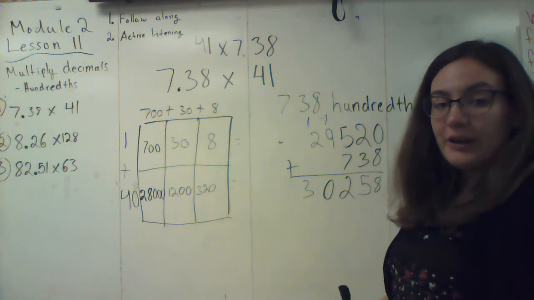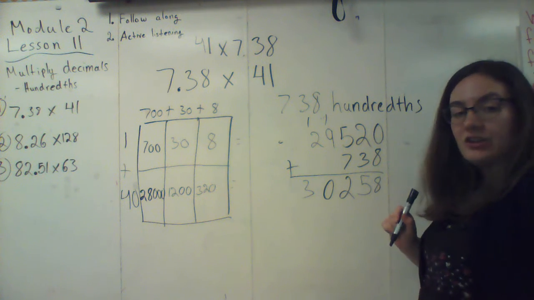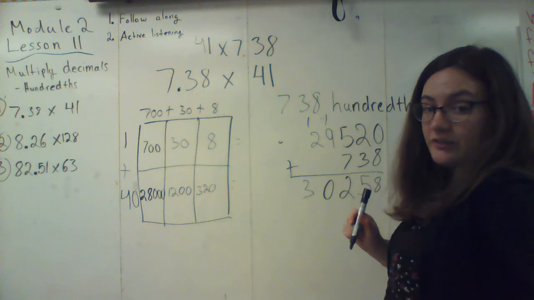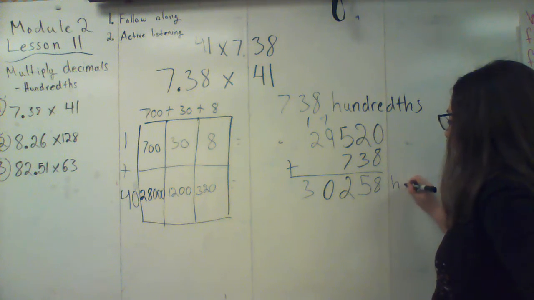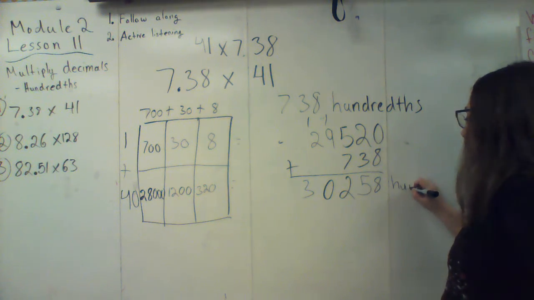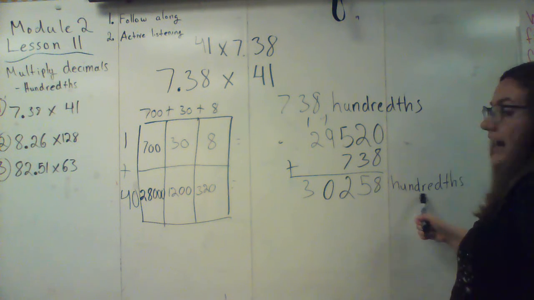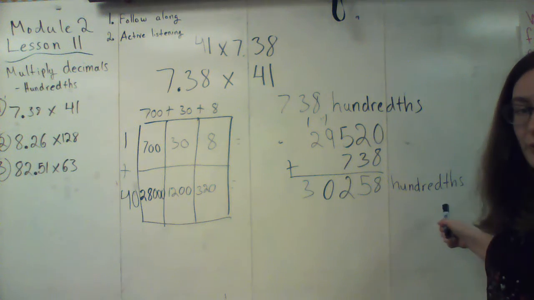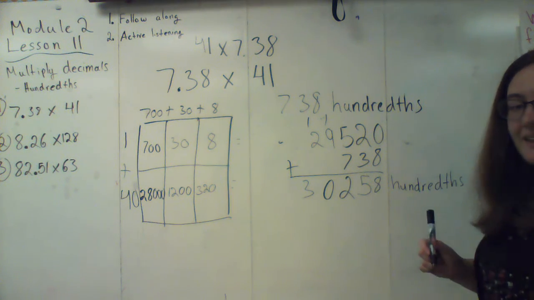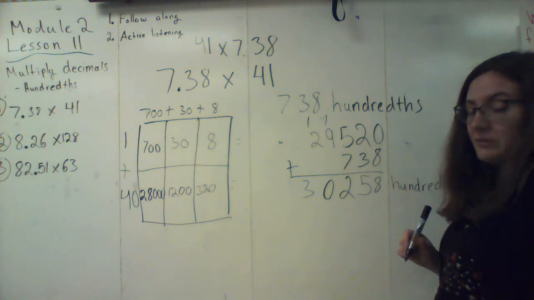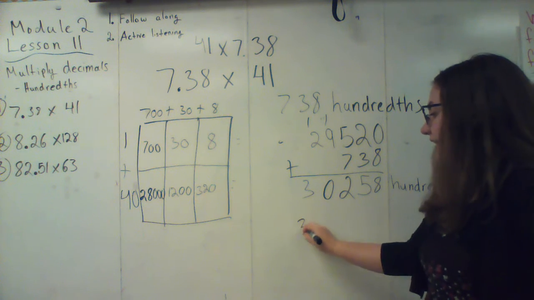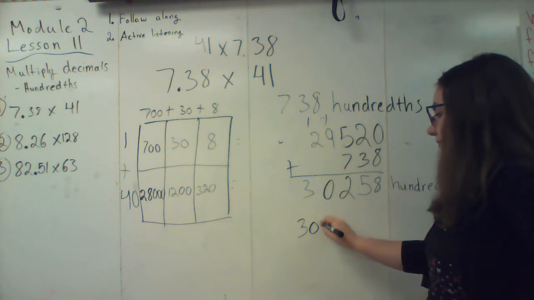Now, this is where it's important to remember that your answer is not 30,258, it is 30,258 hundredths. So with those units, this is the unit form of my answer. I need to now write it in standard form with my decimal. So I'm going to rewrite this number.